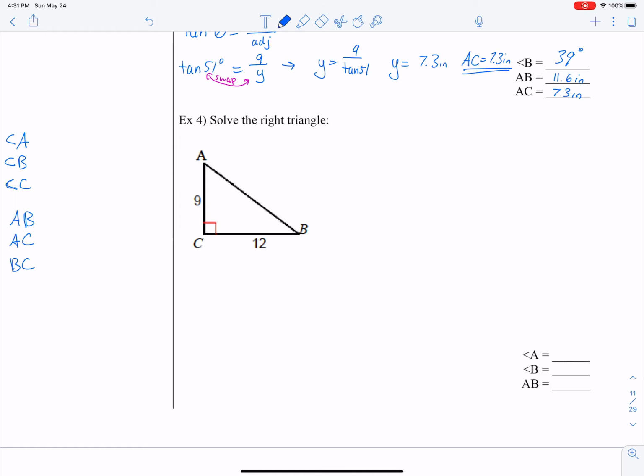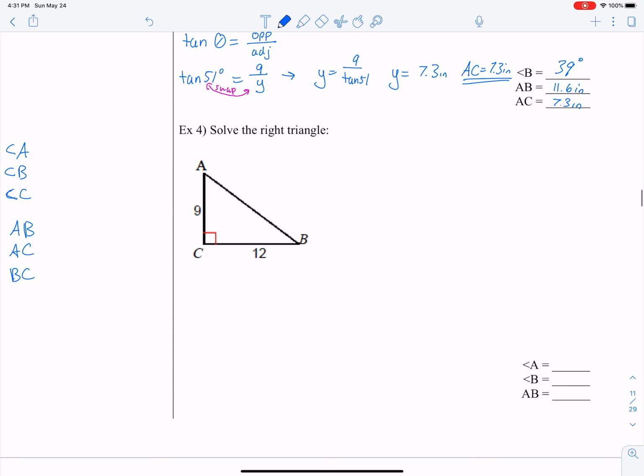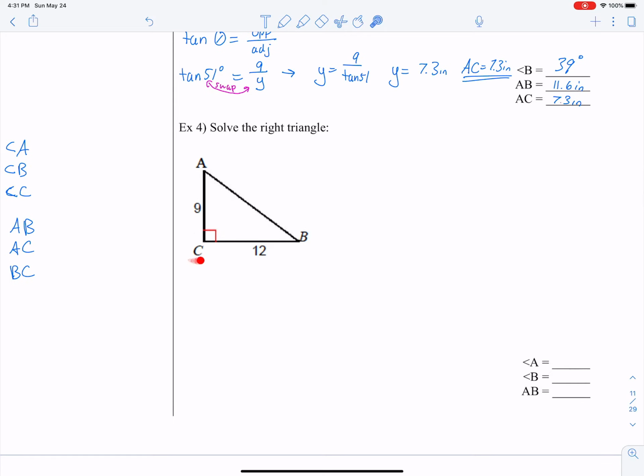These are the angles. Okay, so let's write down what we know. We know angle C is 90 degrees. We know side AC is 9. We know side BC is 12. We don't know this side.